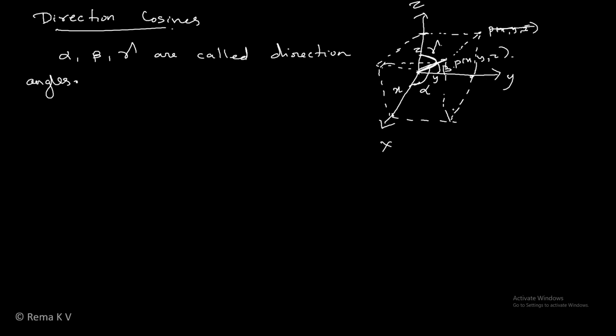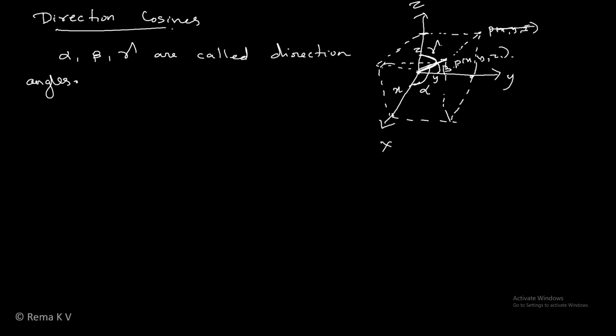Okay, this you have to imagine: one vertex of this cuboid is considered as the point P (x, y, z), and one vertex of this is the origin. So when you join these two, we are getting a directed line segment here, that is OP.